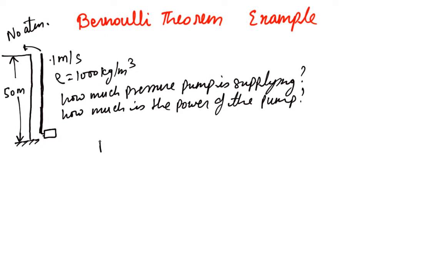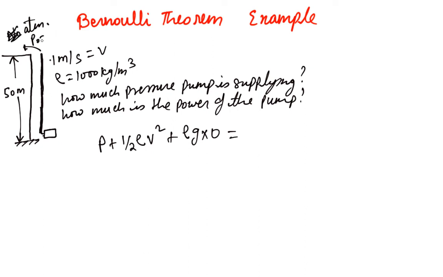Let's say it's supplying pressure P plus, according to Bernoulli's theorem, half rho V square, and this is V, plus rho G H is 0, and this should be equal to, at the top, let's keep it realistic. Let's say there is atmosphere.